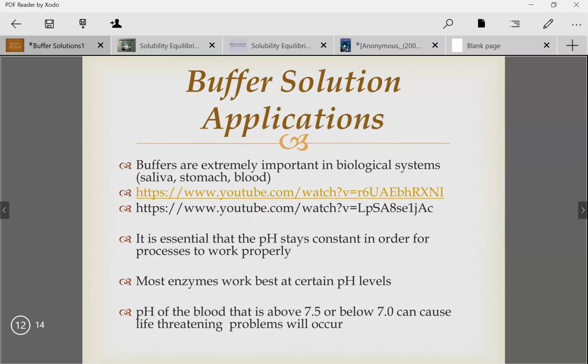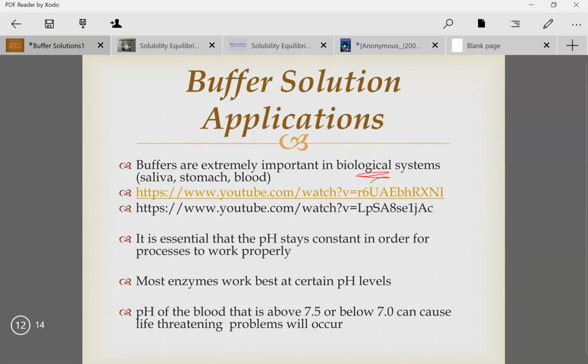Right? It's important, buffer solutions are important in biological systems such as the blood, just because of enzymes, you've heard of enzymes, hopefully. They are basically proteins that exist throughout the human body that catalyze reactions, or without enzymes, reactions would not be possible. And if reactions are not possible, then, well, we would be in a lot of trouble.